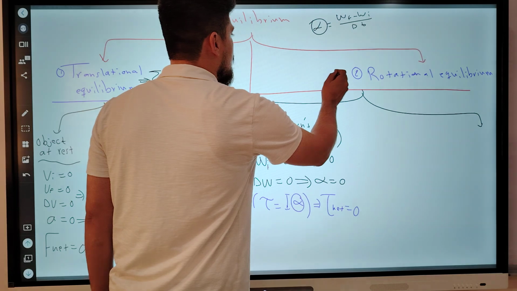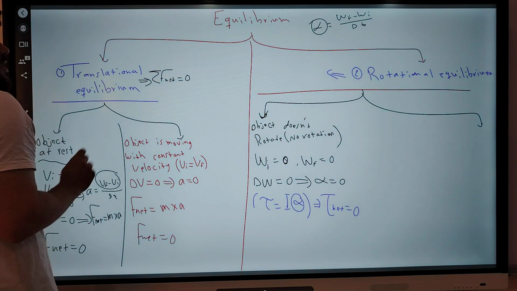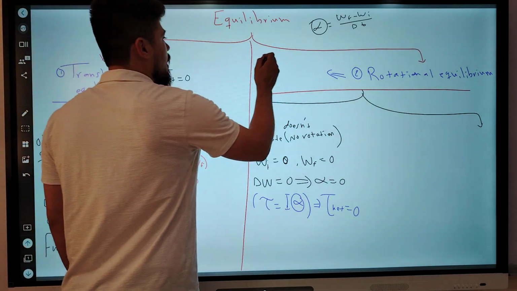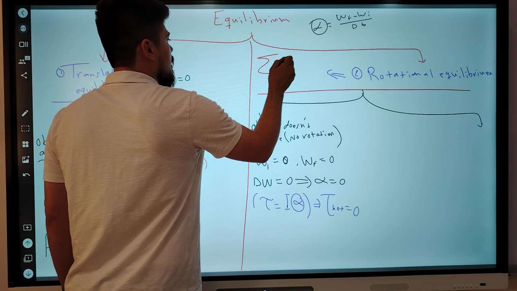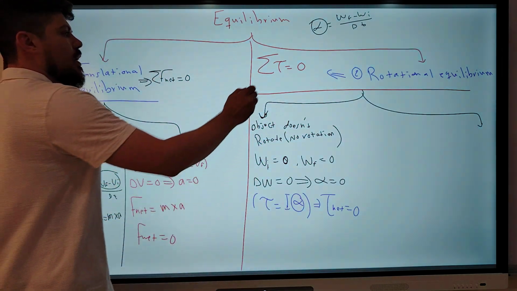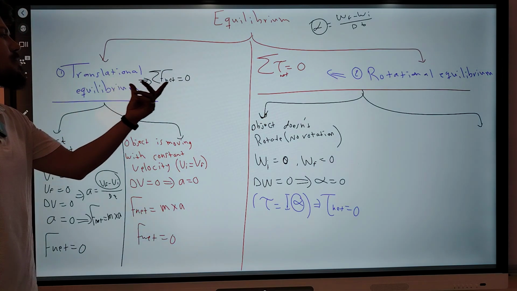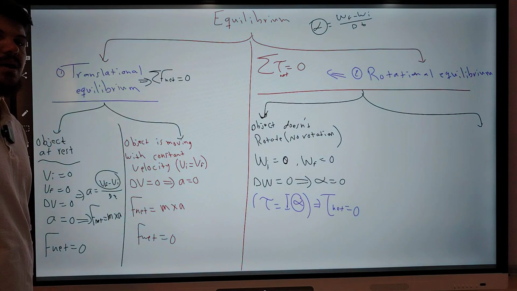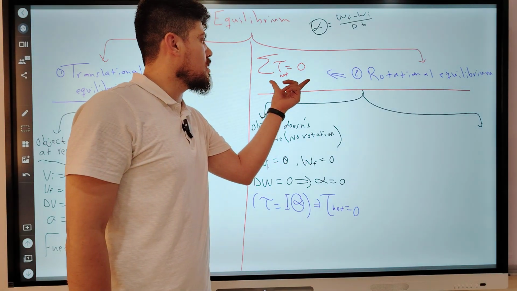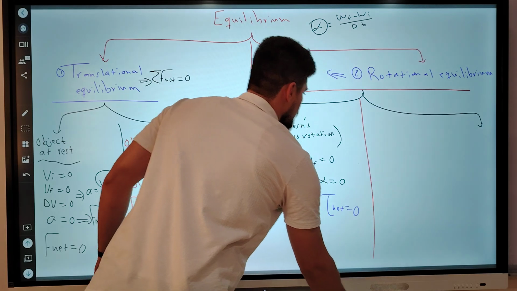So for rotational equilibrium, net torque must be 0. But in translational equilibrium, net force is equal to 0. What is the condition of rotational equilibrium? Net torque equal to 0. When does net torque equal 0? If the object doesn't rotate, or in the case of no rotation.